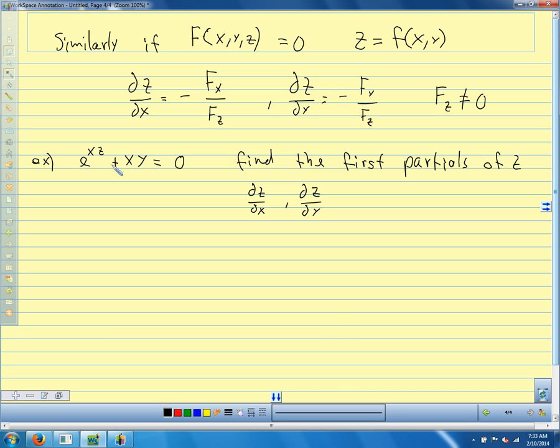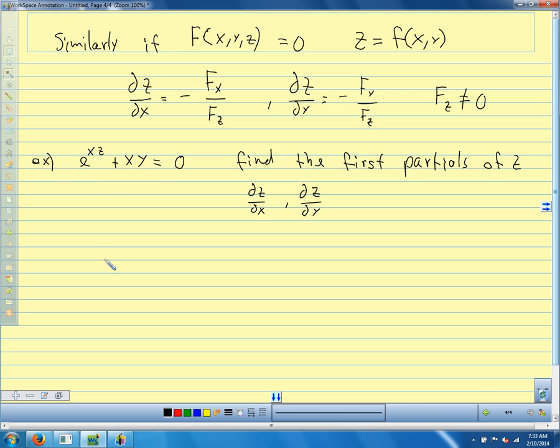Finding dz dx and dz dy using the process that we've used before could be a little tedious. It could be hard work. Well, we have F of x, y, z equal to 0.